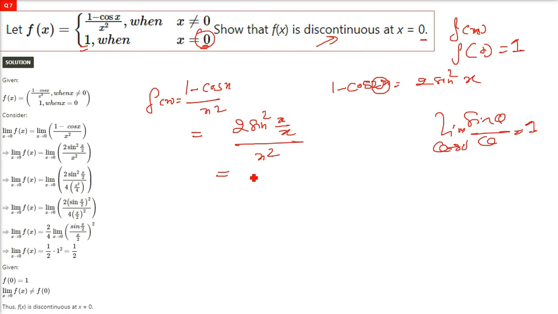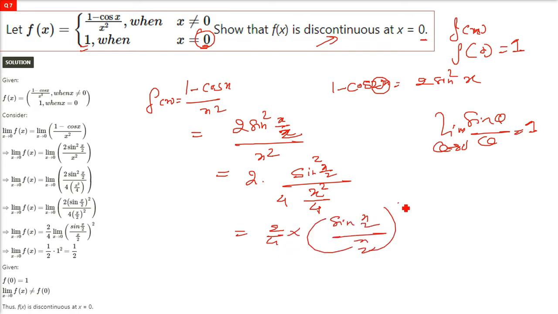So how can we make it? 2 sin square x by 2 divided by x by 2 whole square. x square is also already there. In order to make it a square, 2 square is 4, so you multiply and divide by 4. So you get 2 by 4 here, and this is sin x by 2 divided by x by 2 whole square. Same thing here. Now let us apply the limit x tends to 0 here. When we apply limit x tends to 0, sin theta by theta is 1.